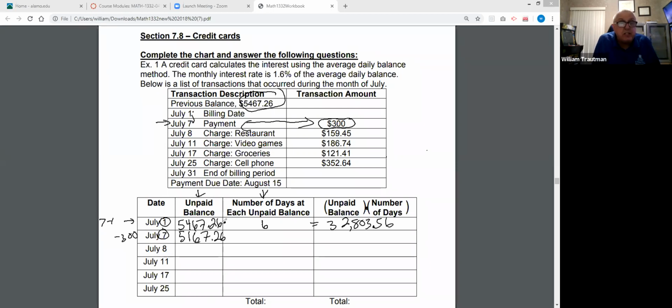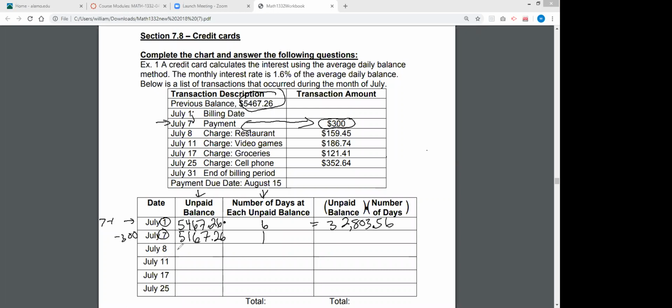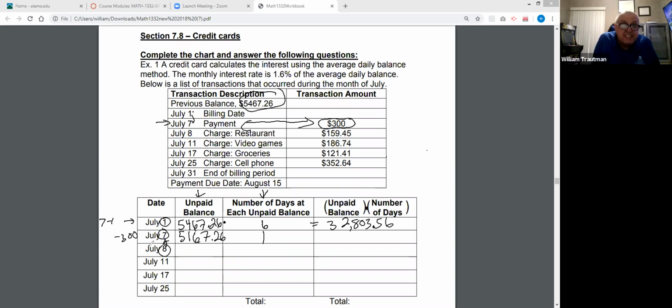So it went down a little bit. How many days was my balance this amount? Only 1 day. It's 8 minus 7. So 5167.26 times 1 equals 5167.26.